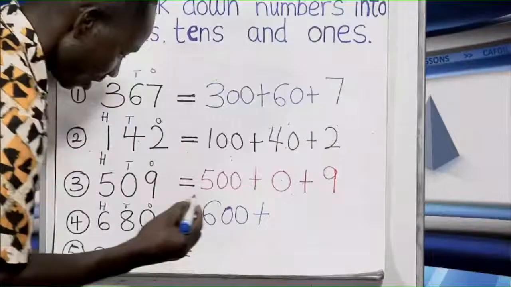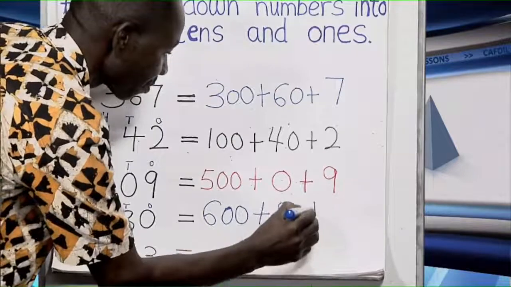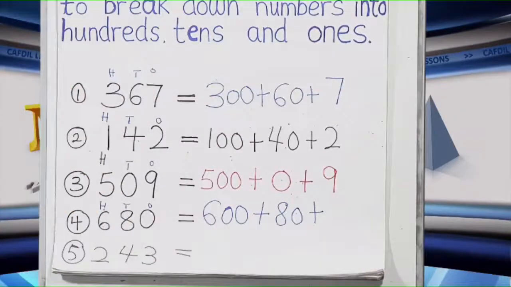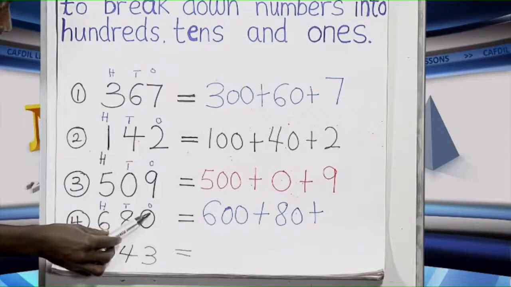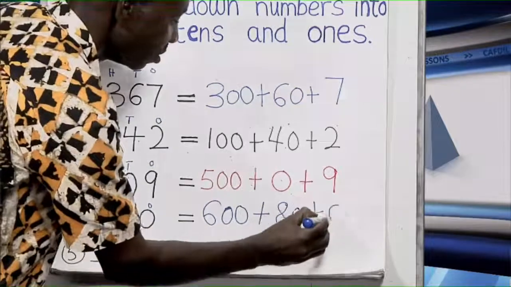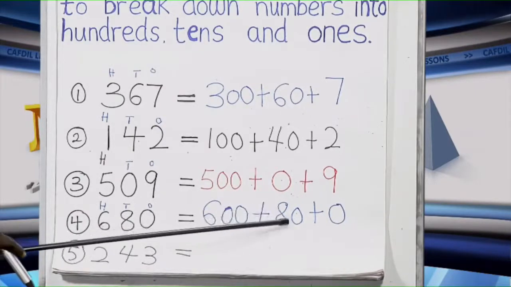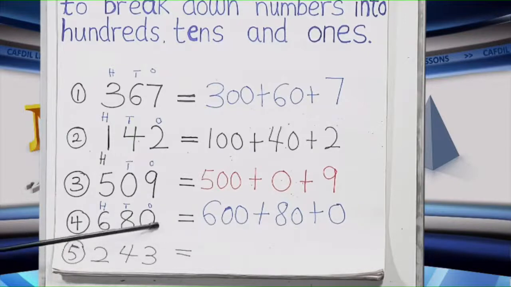So we can have 80, plus the ones column, we have 0 there. So we have 0. And this becomes 600 plus 80 plus 0 gives us 680. Repeat after me. 680. Again, 680. Good.